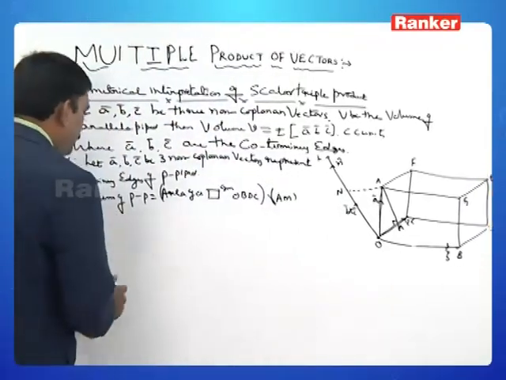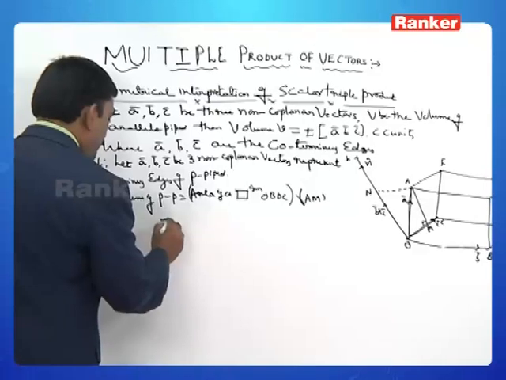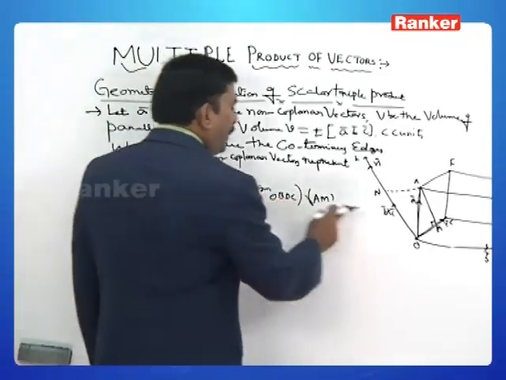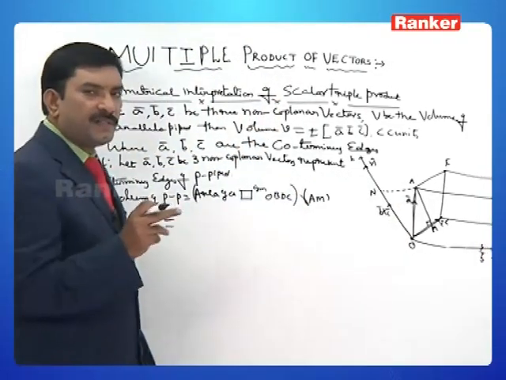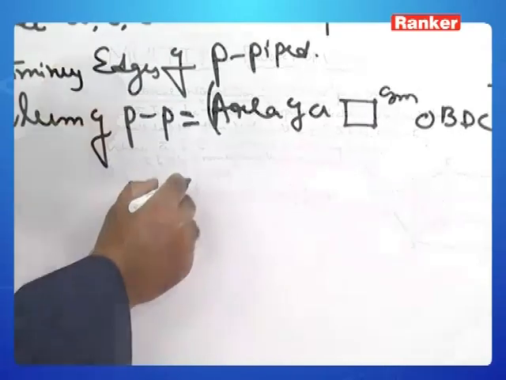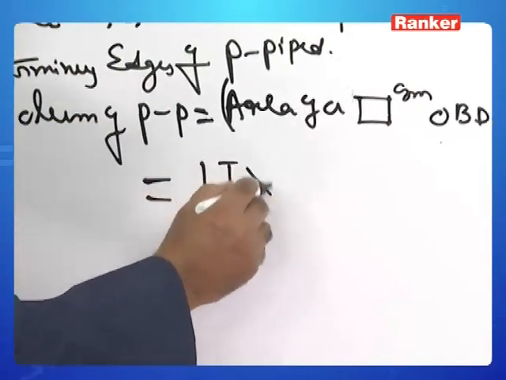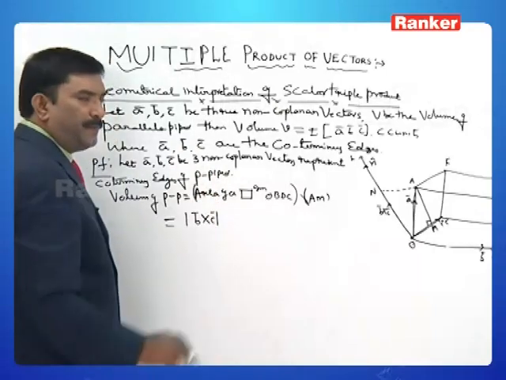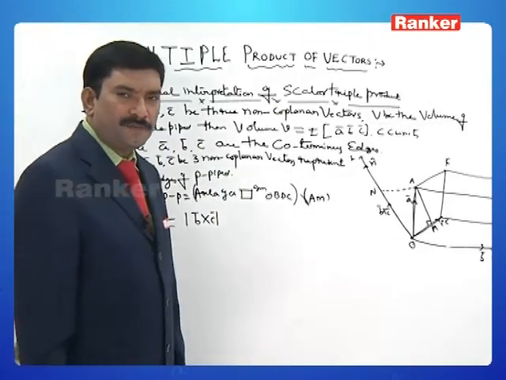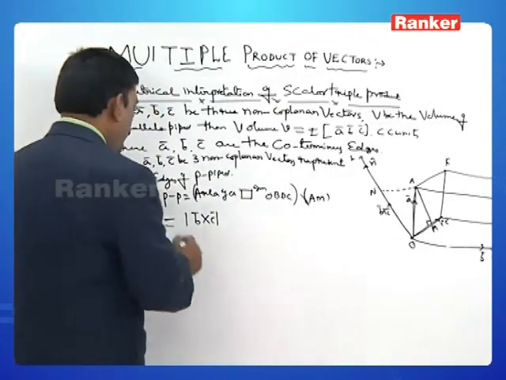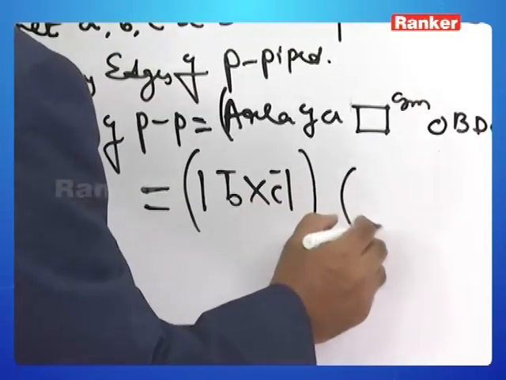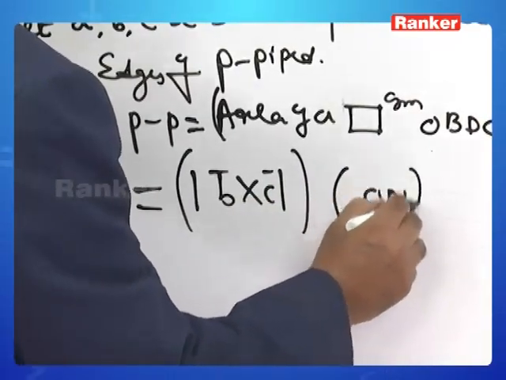What is AM or MA as you please? What is the area of a parallelogram OBDC with adjacent sides B bar and C bar? It is given to be modulus of B bar cross C bar into, I call it ON.